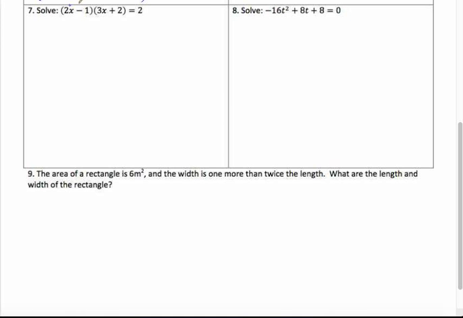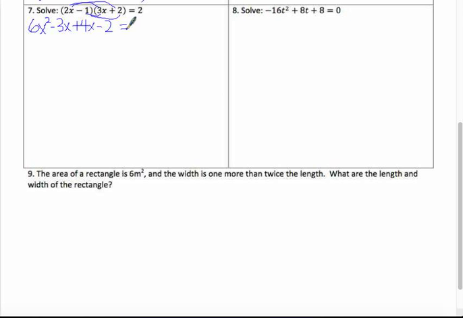So first we're going to multiply this out, and we get 6x squared minus 3x plus 4x and -1 times -2 minus 2 equals 0.